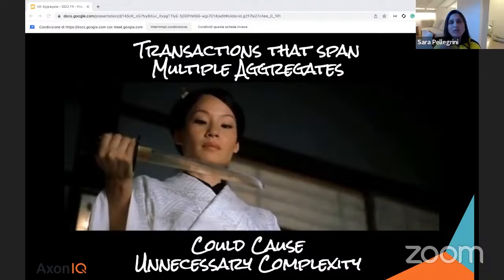Yes, because one of the purposes of the aggregate is precisely to contain this complexity, defining these small bubbles that are isolated from each other in order to have a minimal context where it is easy to make decisions. So this concept is perfectly in line with the best practices of decoupling and encapsulation. The intention is great, but anyway, it implies a greater complexity whenever there is a constraint that spans more than one aggregate.